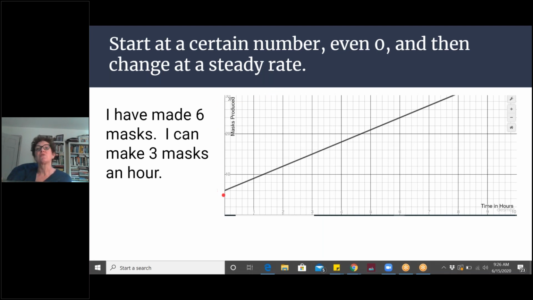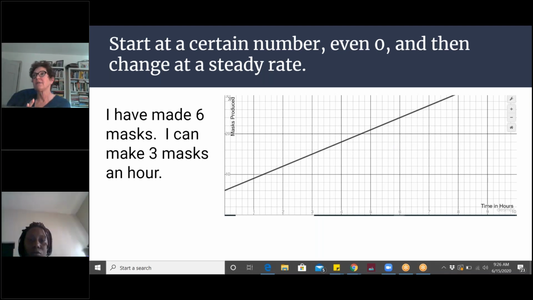That's what makes this graph look like a line, and that's why we call it a linear equation, because if we graph our equation, it will always make a straight line. It might be increasing, it might be decreasing, it might start above 0 in the positive area, it might start at 0, it might start in the negatives, but it will always look like a straight line.